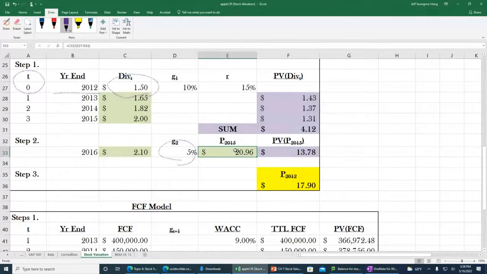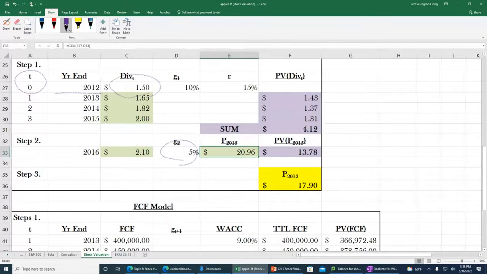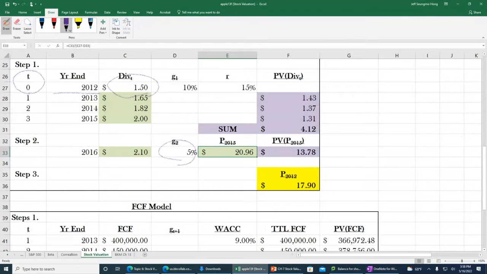So this is the price of the stock at the end of 2015. So this is not really V0, actually. Remember, our time zero is 2012. We want V0.